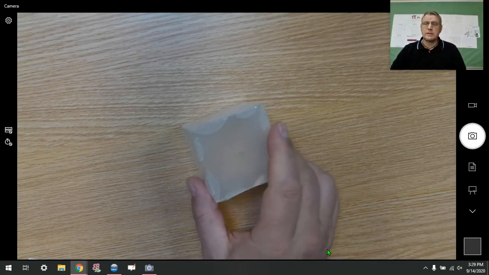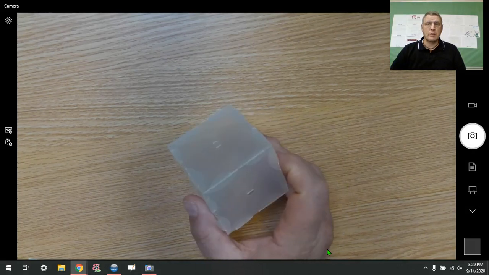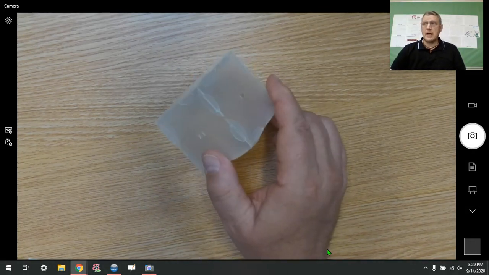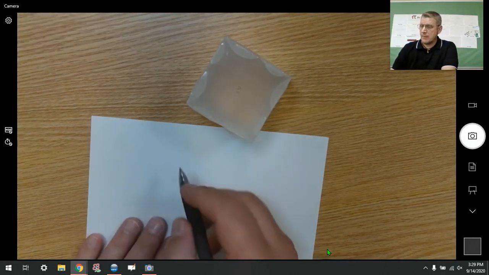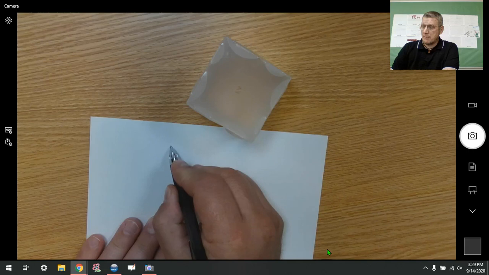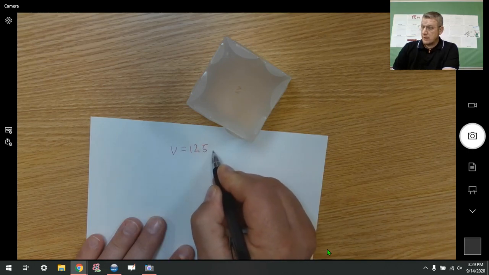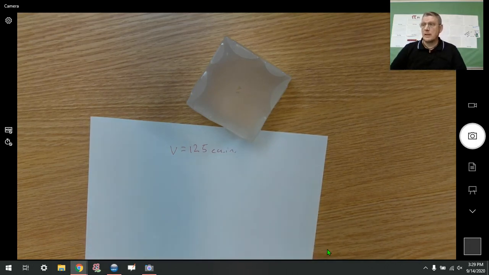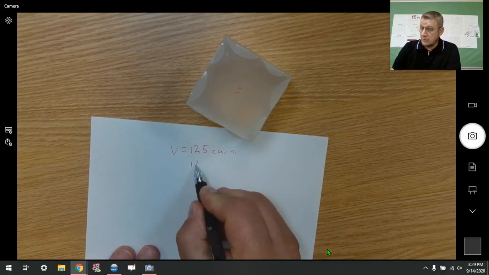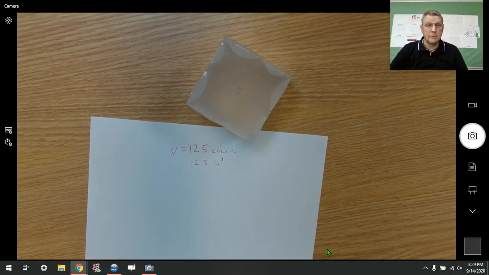All right, today we're going to look at something called a cube root. We're going to take this cube here, and let's say I know that this cube happens to have a volume of 125 cubic inches, or another way to write that would be 125 inches cubed.